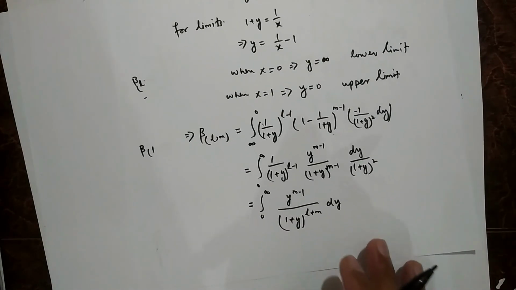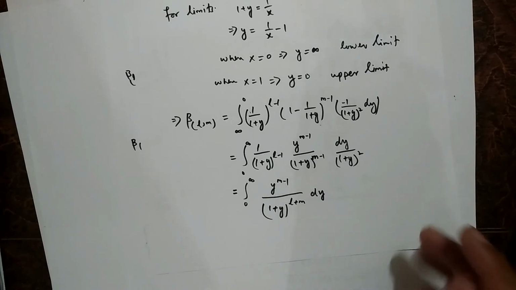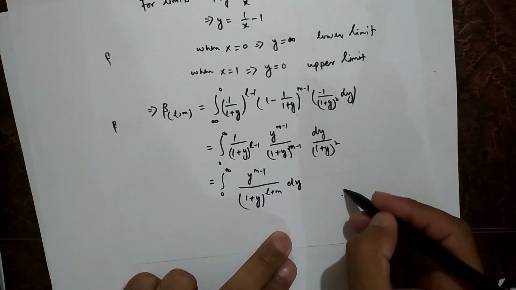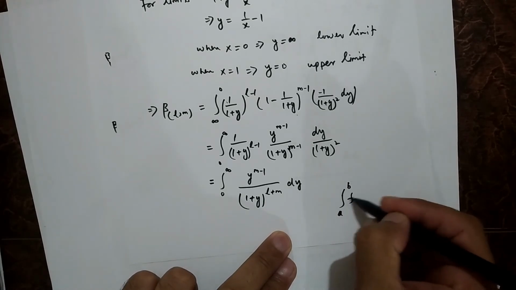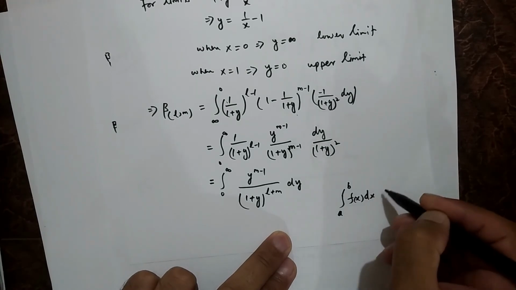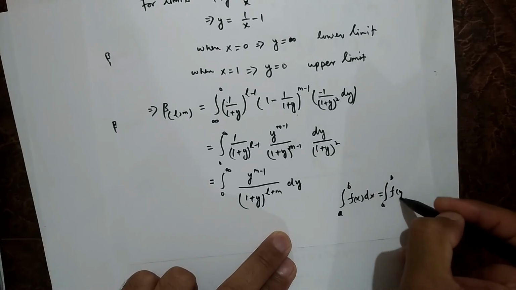Now by using the property of definite integral, we can write integral from a to b f of x dx as integral from a to b f of y dy.